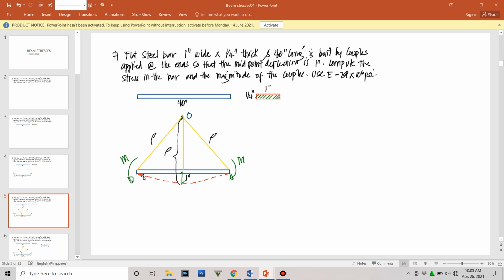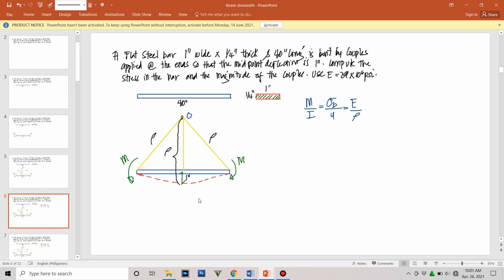So if we consider this elastic geometry, therefore this will be the radius, and of course the centroid here is the radius of curvature from the elastic curve up to the point of origin. So of course rho here is composed of this dimension plus 1 inch.